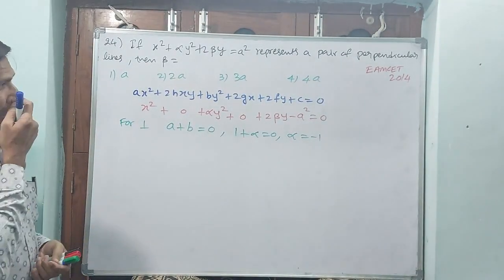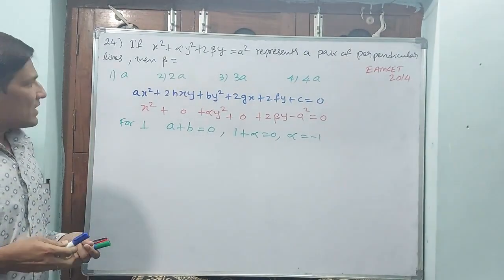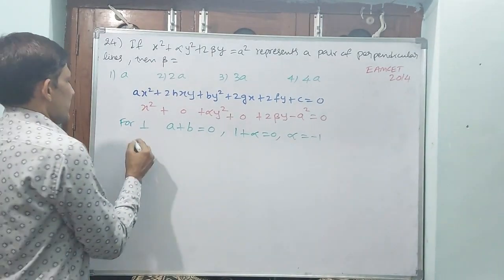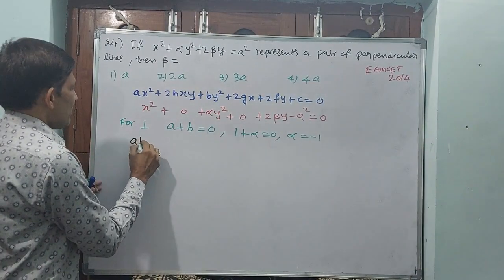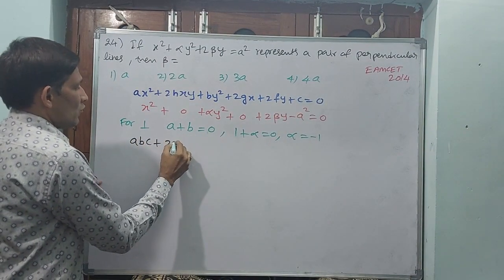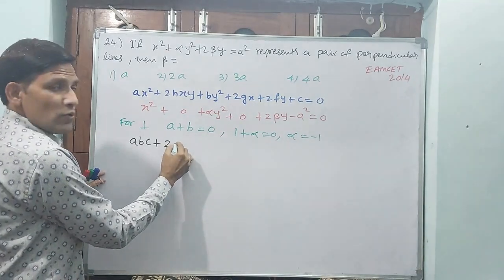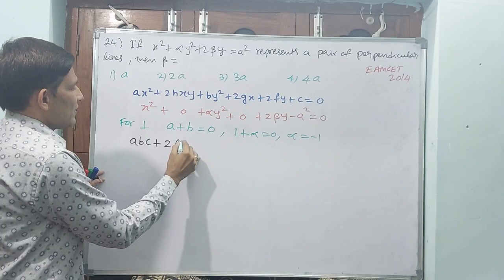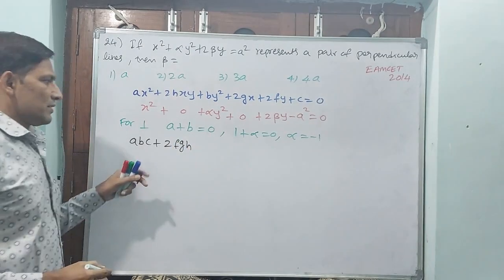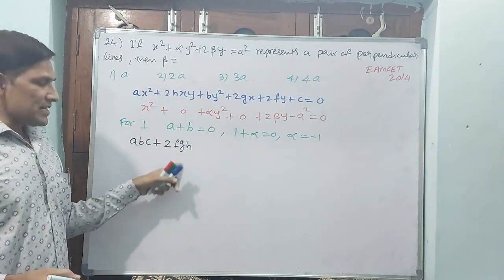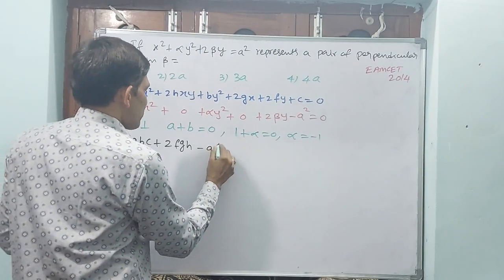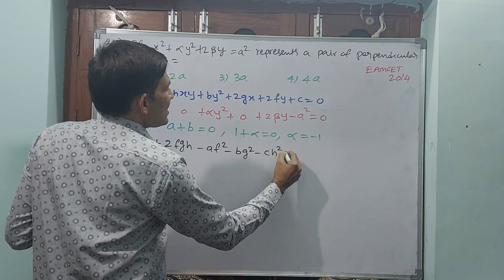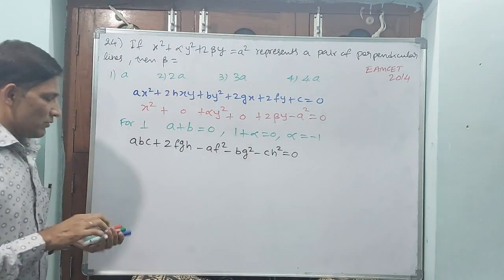Now go back again, because we also know another formula: abc plus 2fgh minus af square minus bg square minus ch square is equal to 0.